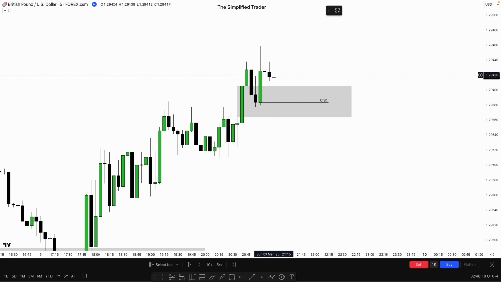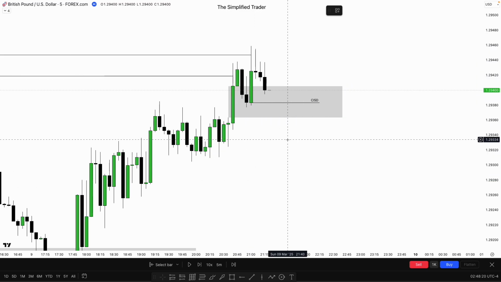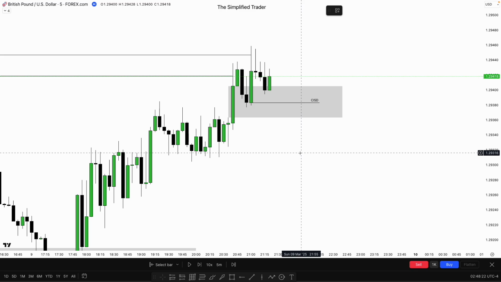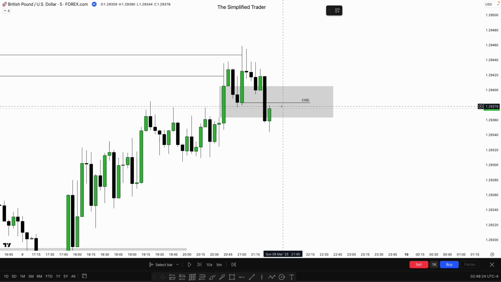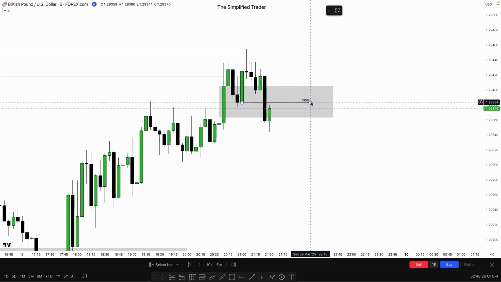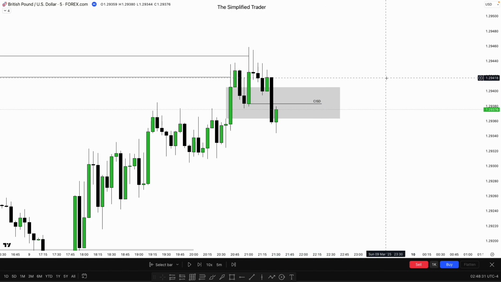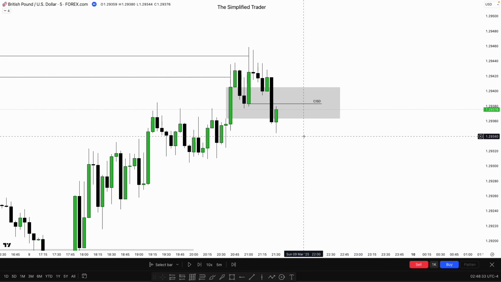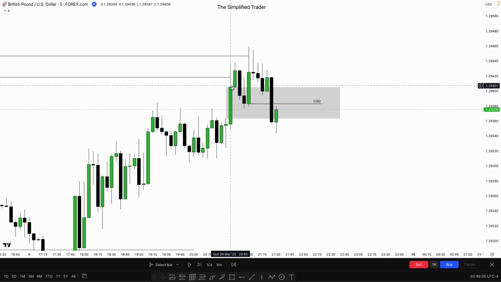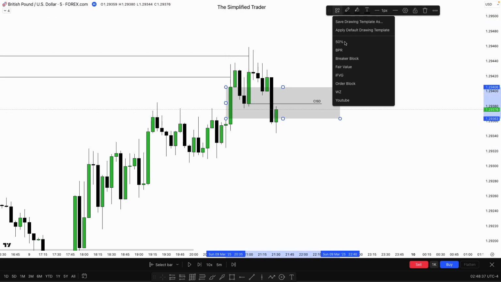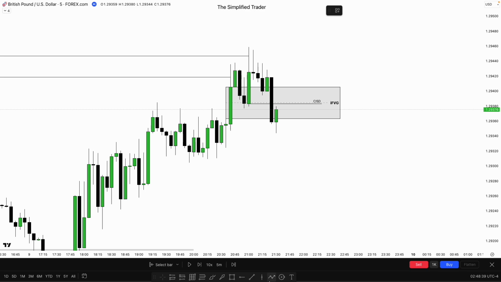We struggle at the highs, we start trading back lower. Let's see if we do get this close below. There we go. We get the close below. So we do have our valid change in the state of delivery. Now, we do also invert this fair value gap. So we have an inverse fair value gap as well.